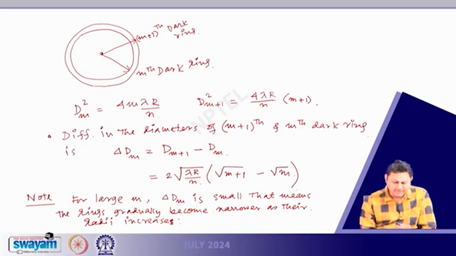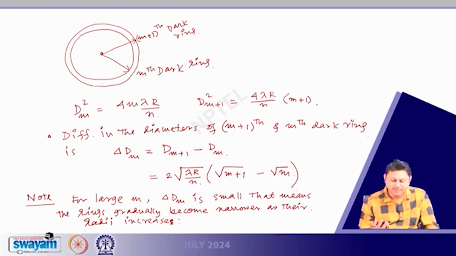So if I look at Newton's rings, we can see that the separation between consecutive dark rings will gradually reduce. Over a large distance the rings gradually become narrower, and that is an interesting feature of Newton's rings.